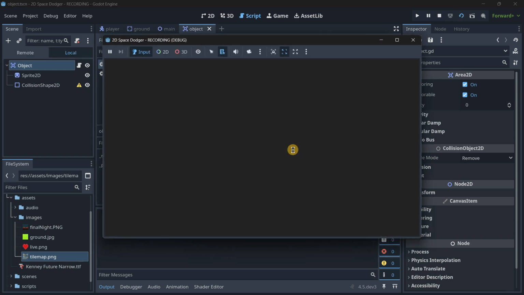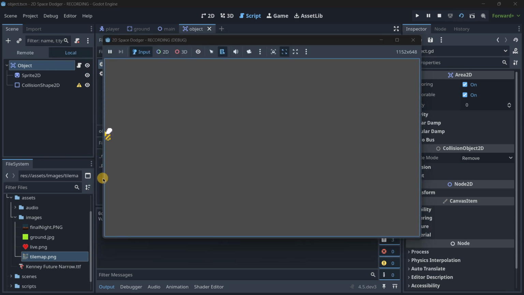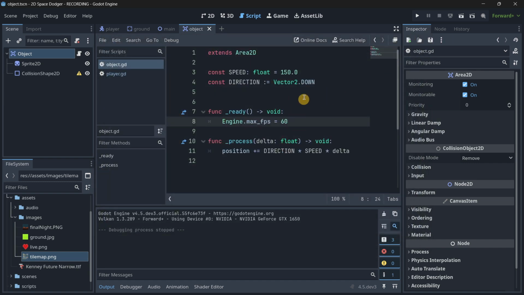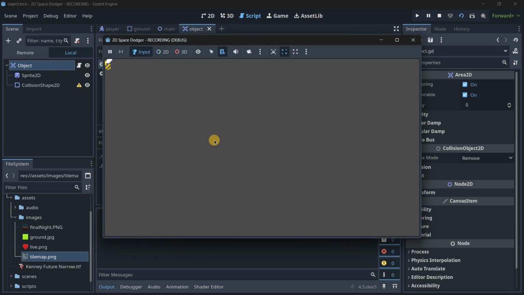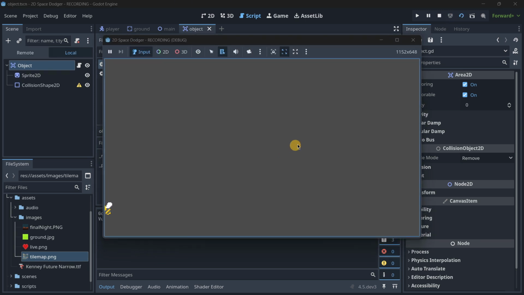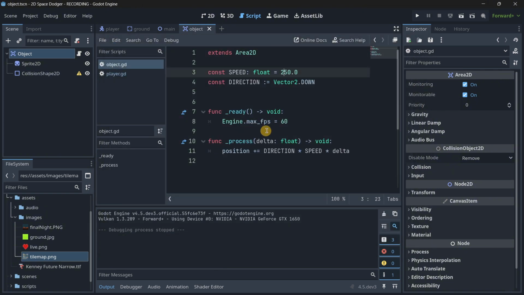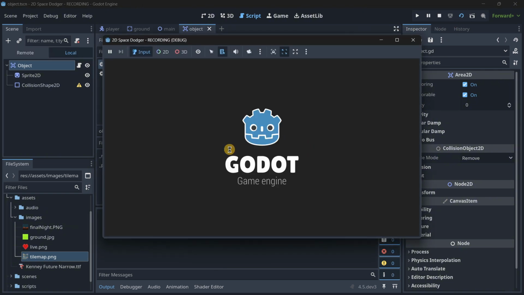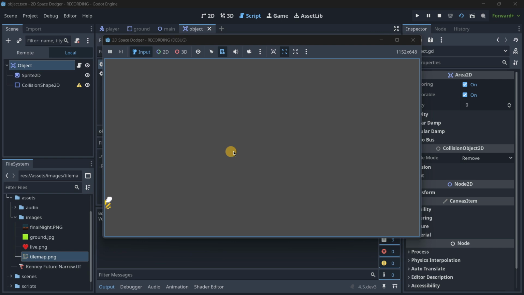If we multiply by delta, we get the exact same speed, okay? You can count it, okay? So let's actually make it a little faster so that we can kind of count how many seconds it takes. 1, 2, 3 seconds, okay? Now, if we are playing at 600 FPS, for example, 1, 2, 3 seconds.